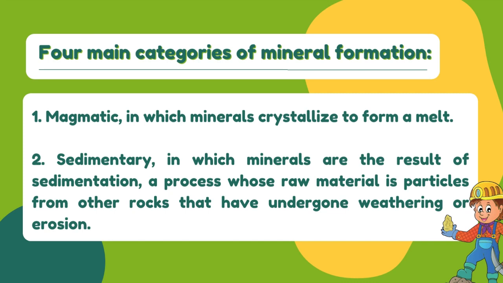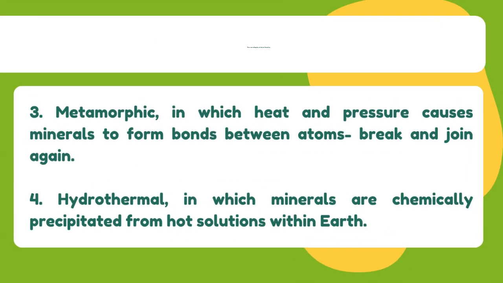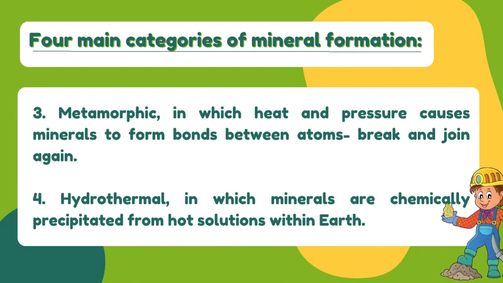Sedimentary, in which minerals are the result of sedimentation, a process whose raw material is particles from other rocks that have undergone weathering or erosion. 3. Metamorphic, in which heat and pressure cause minerals to form bonds, break apart, and join again. 4. Hydrothermal, in which minerals are chemically precipitated from hot solutions within the earth.